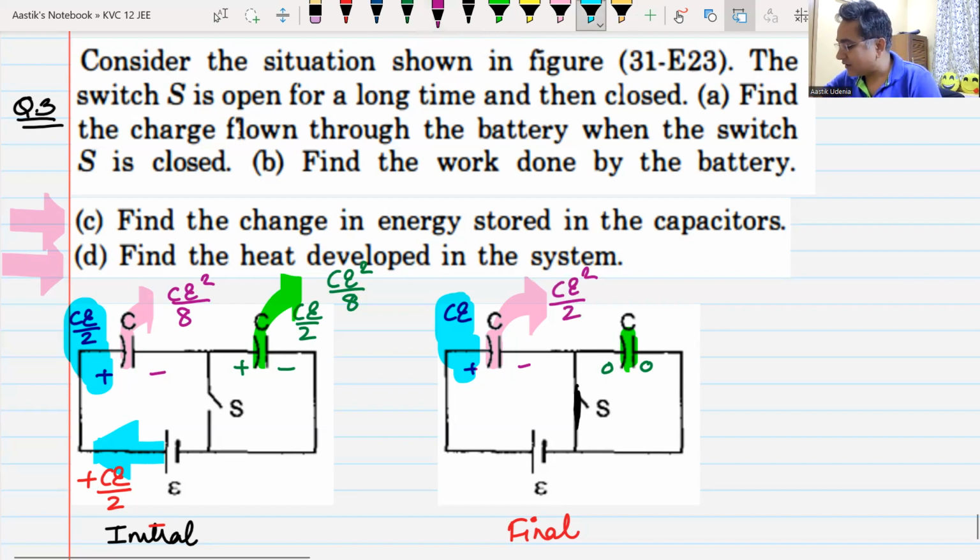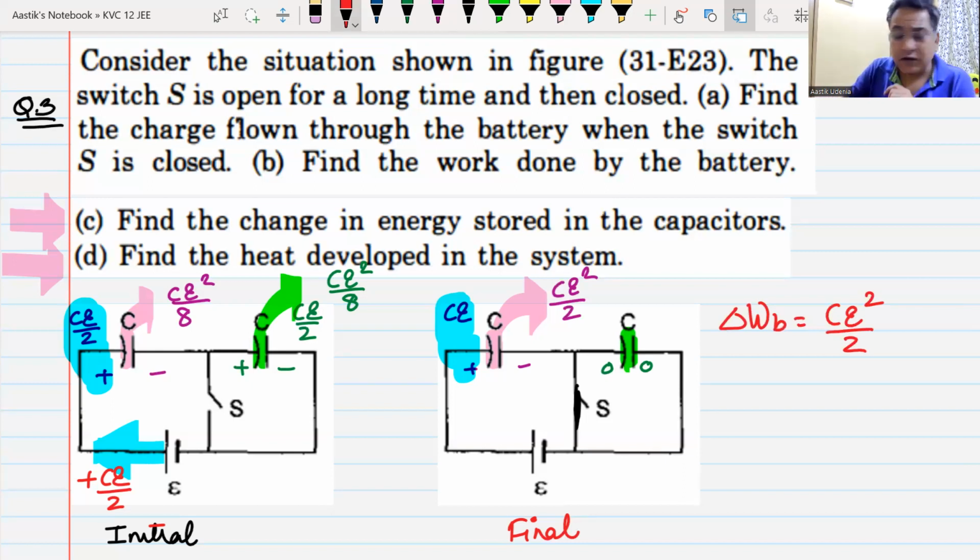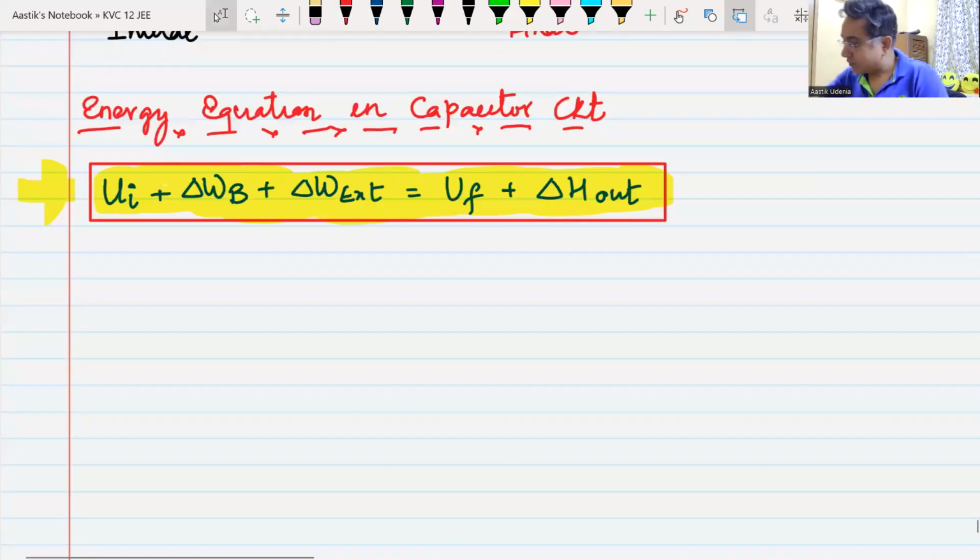We also know the work done by the battery. What was the work done by the battery? CE square by 2. Now I do everything that is needed here. How much is U initial?